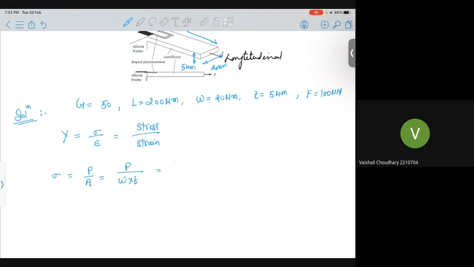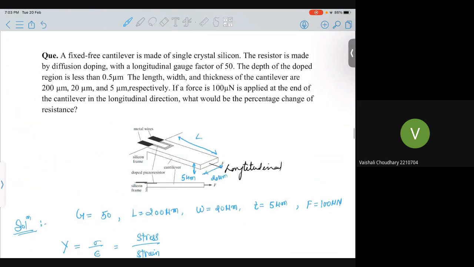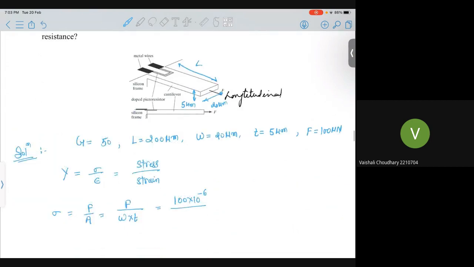So here the force is 100 micronewton, width is 20 micro, and thickness is 5 micro. If you solve this, you will get a stress of 1 megapascal.